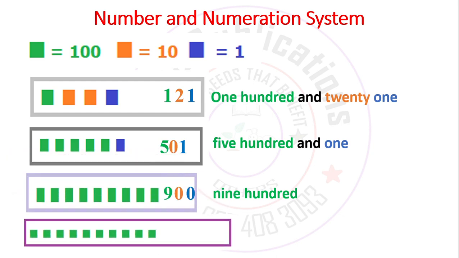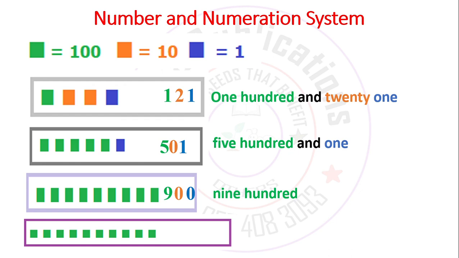Let's see. How many of the green hundreds do we have here? We have 1, 2, 3, 4, 5, 6, 7, 8, 9, 10.